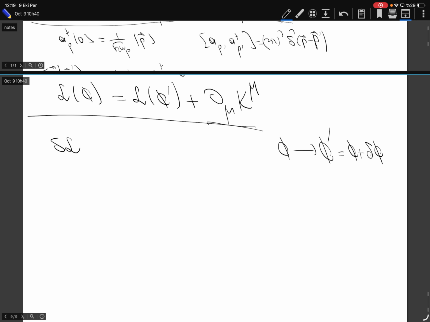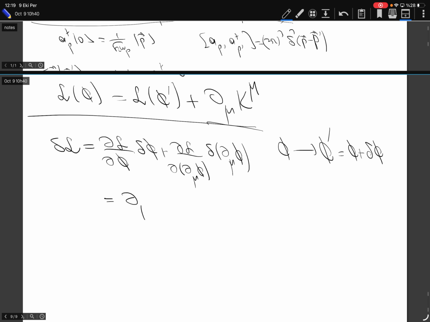The change in my Lagrangian will be the derivative of the Lagrangian with respect to phi times the change in phi, plus the derivative of my Lagrangian with respect to del mu phi times the variation in del mu phi, which will be equal to del mu k mu. Yes, here k mu also depends on del phi, the change in your field phi.